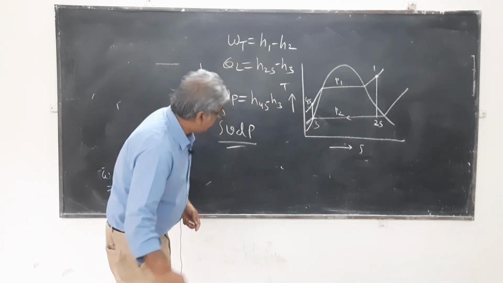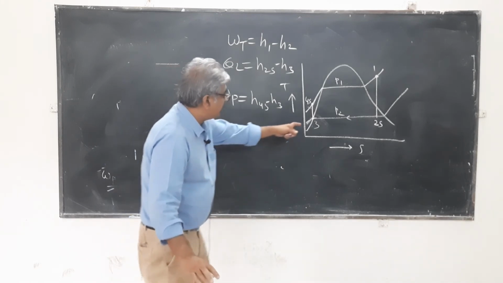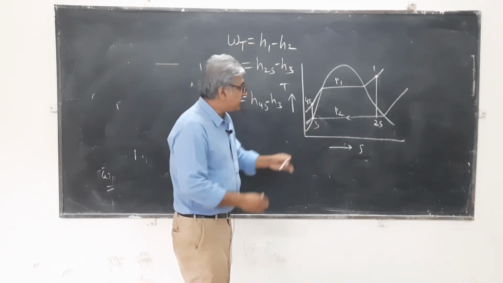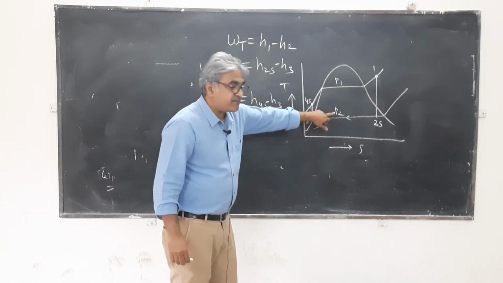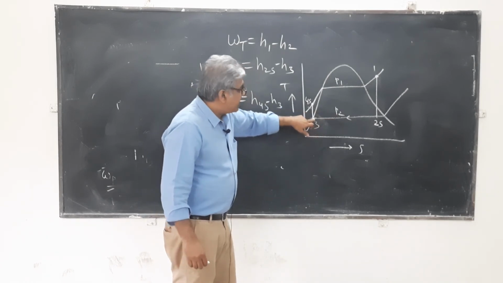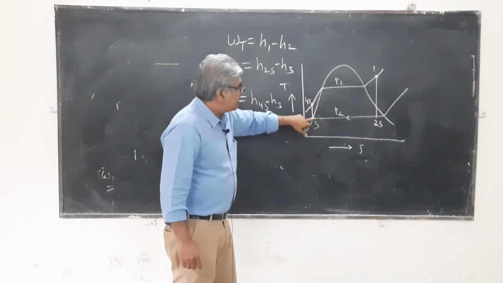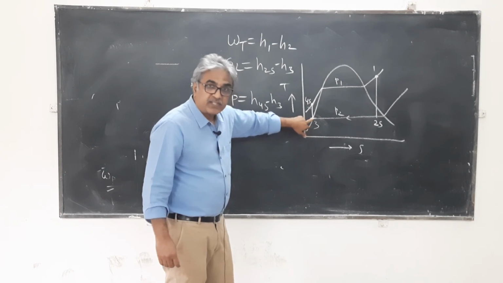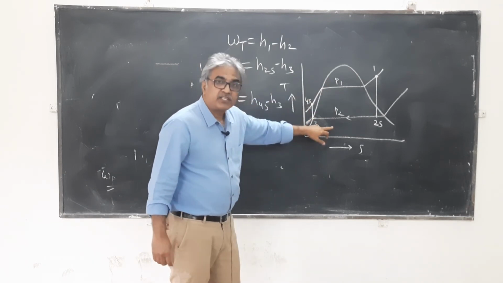So essentially please note, what is H3? It is the enthalpy of saturated liquid at pressure P2, right? H3 plus VdP. What is V? It is the specific volume of saturated liquid, and the change in pressure is P1 minus P2.